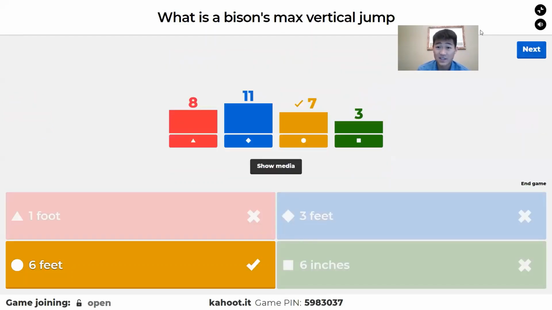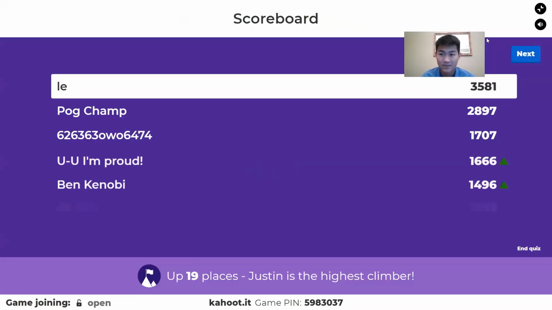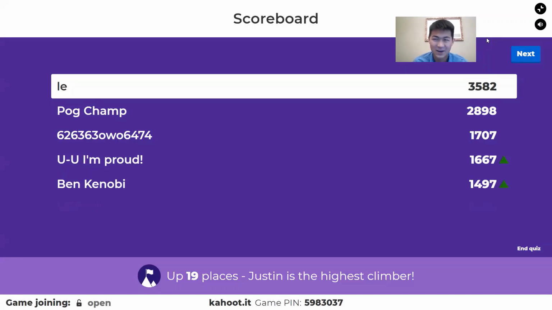So a bison's max vertical jump is actually 6 feet. So often you can see them hopping over some pretty tall fences. So even though these bison seem like they're huge and not athletic, they're actually very athletic. Okay, Lay. I don't know how you're getting all of these right, but okay.